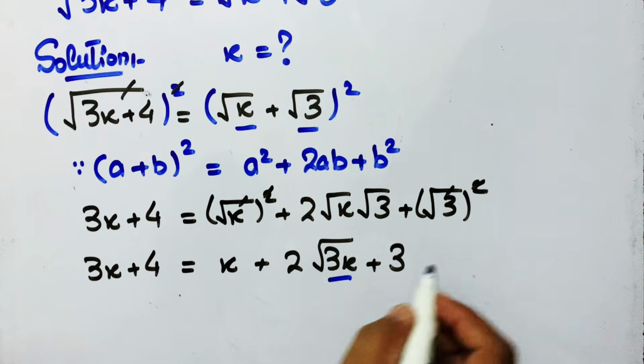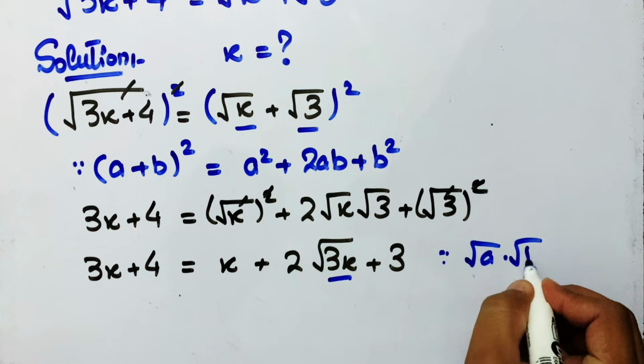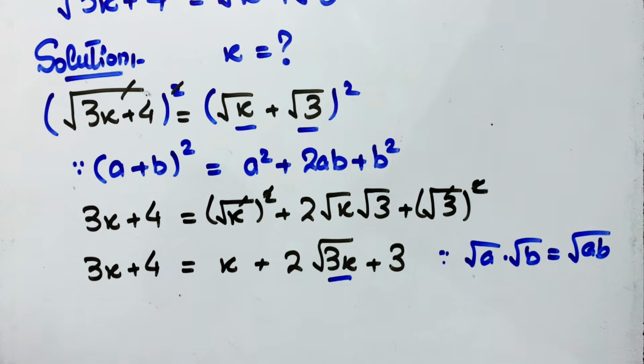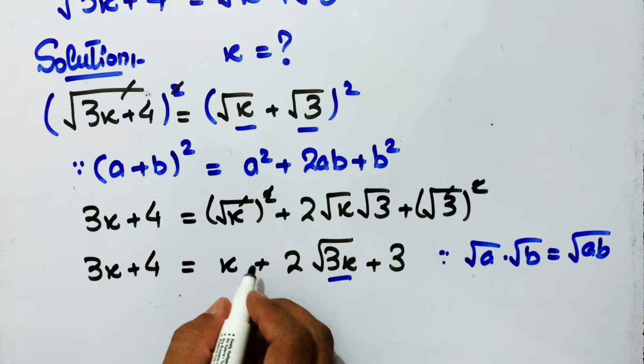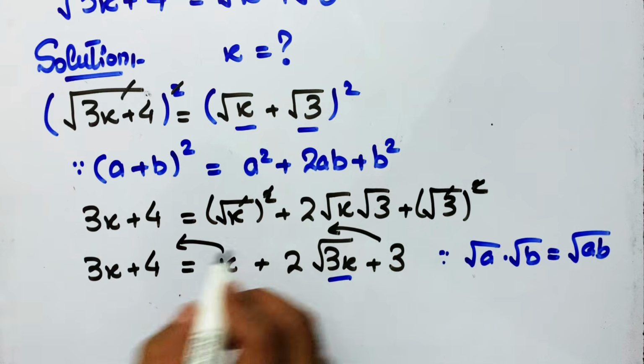This is the formula: the square root of a times the square root of b equals the square root of ab. Now the terms x and 3 are positive, so they go to the opposite side and become negative.